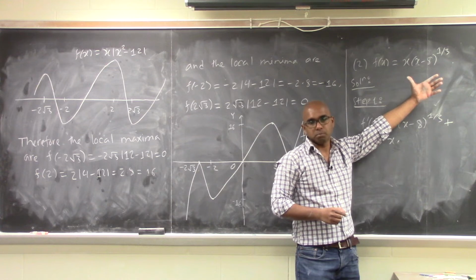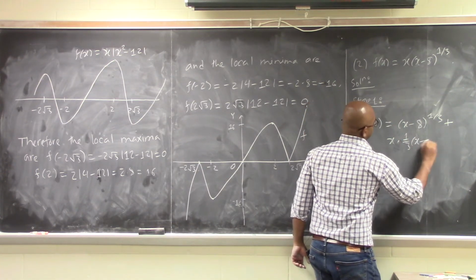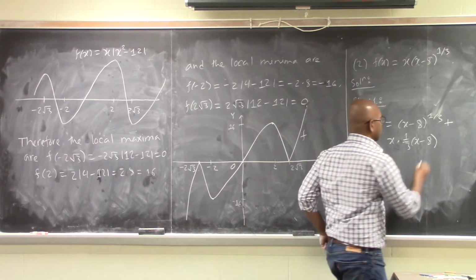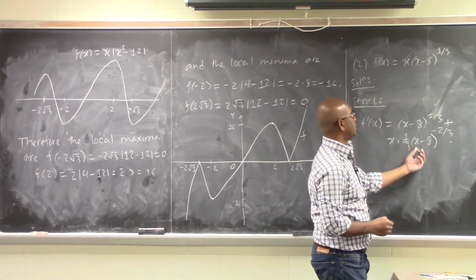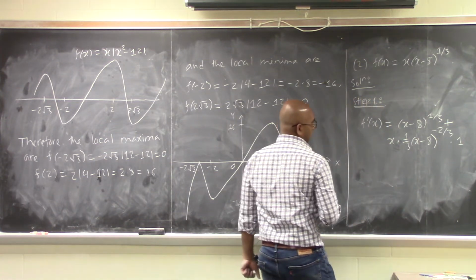Which rule? Power rule. So this is 1/3 (x minus 8) raised to the power 1/3 minus 1, which is negative 2/3, and times, by the chain rule you have to differentiate x minus 8, but that is just 1, so not a big deal.